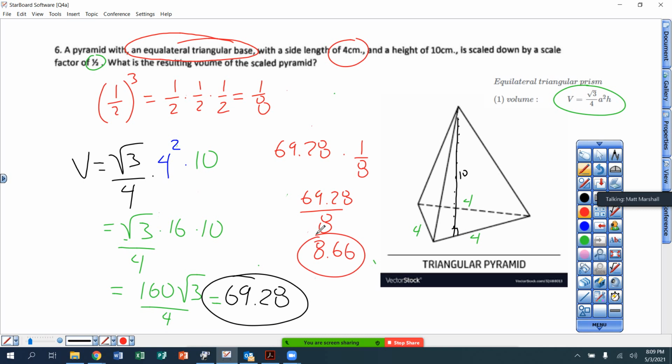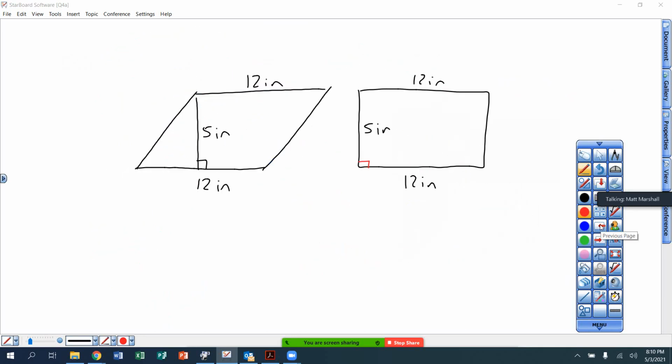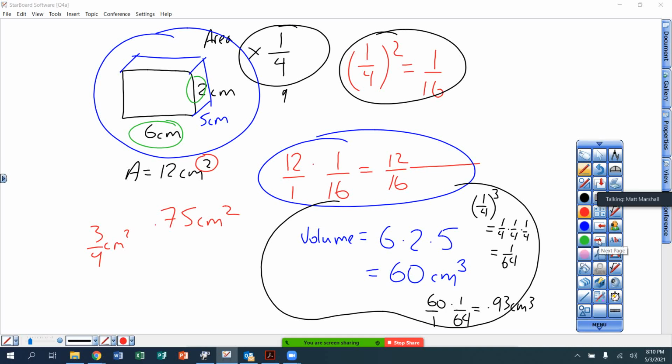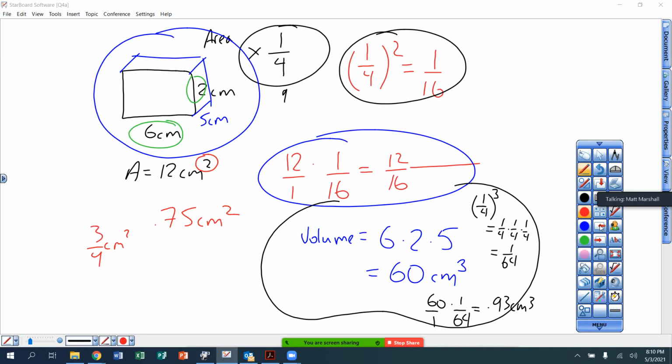If you're shrinking down the volume by a scale factor of 1/2, all that shrinks down. But yeah, area takes the scale factor and you times it by itself squared. If it's volume, you take that scale factor and you times it by itself 3 times. What do you think so far?